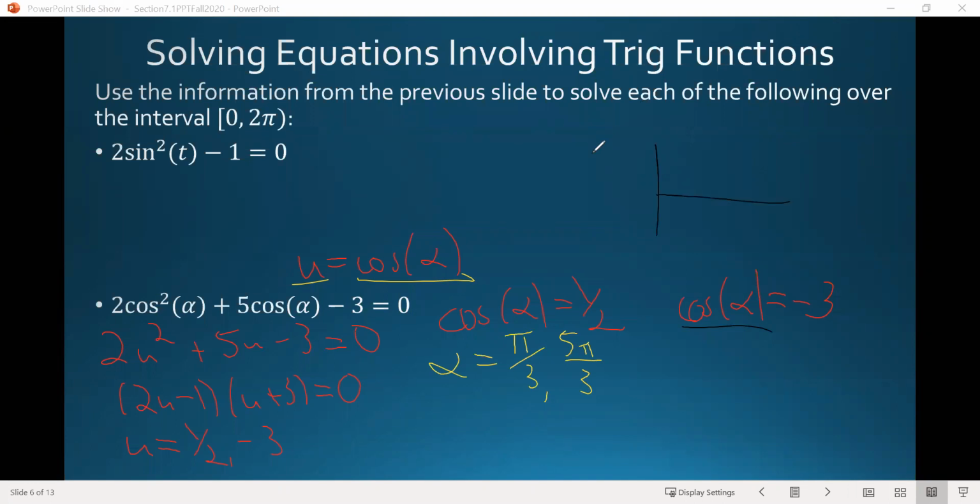Remember that a basic cosine function oscillates between the values of positive 1 and negative 1, and negative 3 is well below that, right down here, right? So we know that there can't be a cosine of an angle equal to negative 3, so this one actually doesn't give us a solution. So alpha equals pi over 3 and 5 pi over 3 are our only answers.